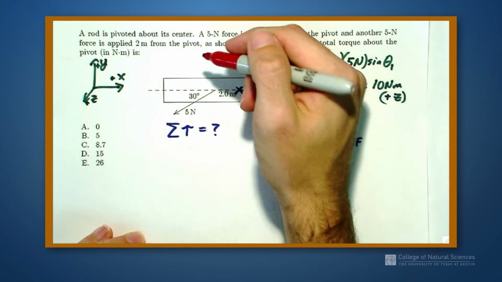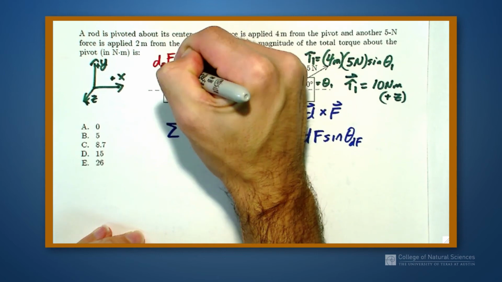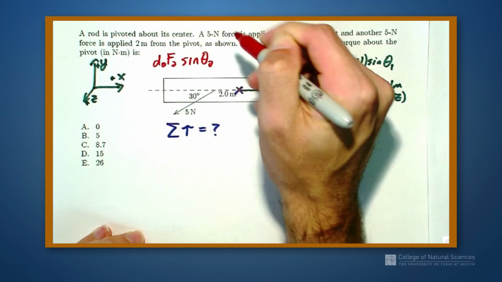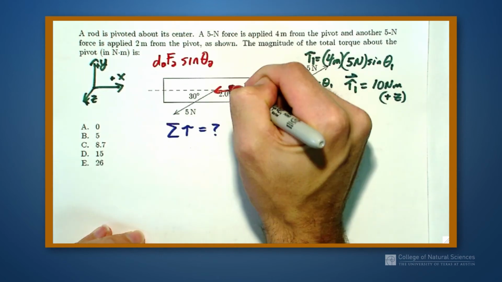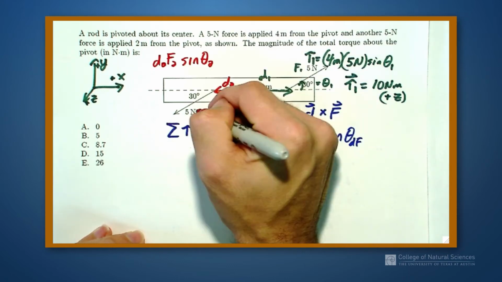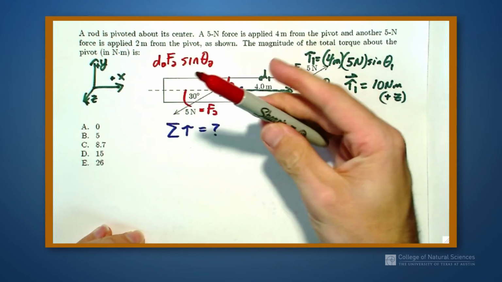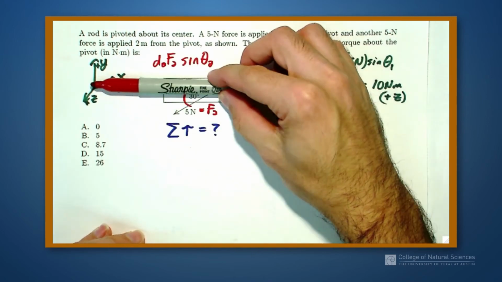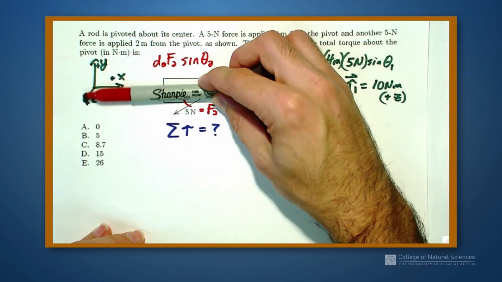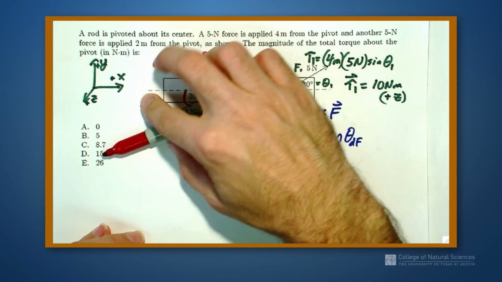This other torque over here is F2 times D2 times the sine of theta 2. D2 points in this direction, from the axis of rotation to where the force is attached. Our force has a magnitude of 5 newtons, and theta 2 points from the displacement vector direction, rotating into the force vector direction. So theta 2 is in this direction.